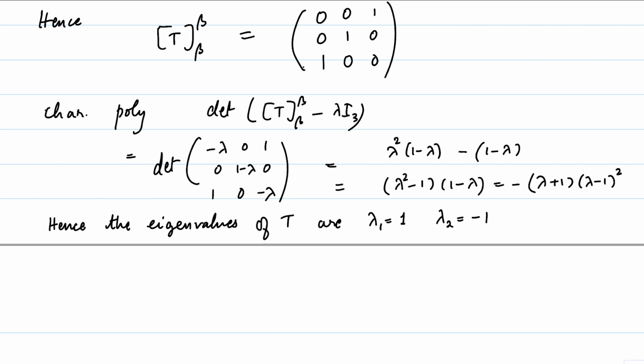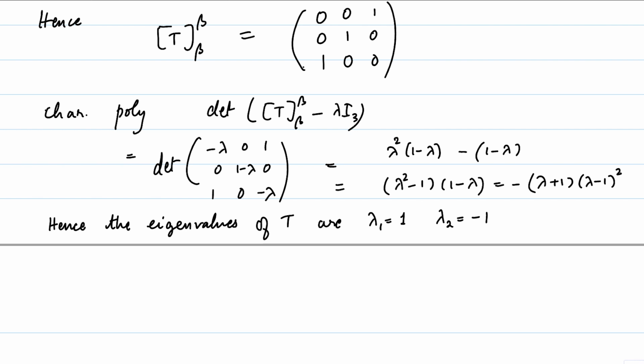So to check whether T is diagonalizable or not, if at all T is diagonalizable, then there exists a basis of P2 of R consisting of eigenvectors. So let's see whether we will be able to do that.